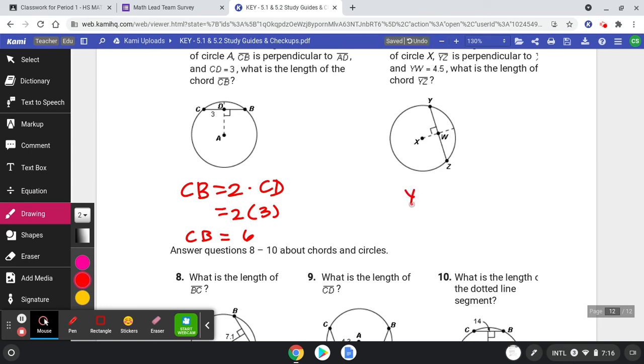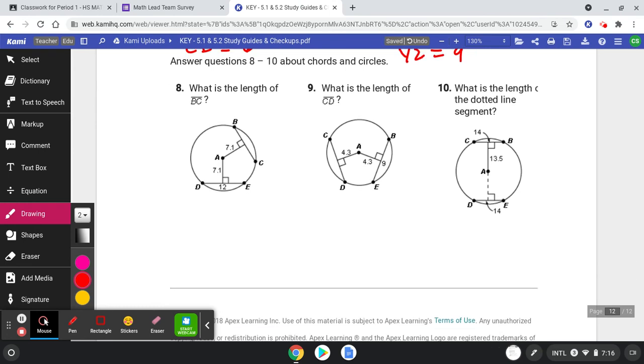And on this next one, YZ is equal to 2 times YW, or 2 times 4.5, which is 9. So if they told us this is 4.5, we can just double that to get the chord, because when these are perpendicular, these little segments are equal. It's bisecting it, it's going through the midpoint.